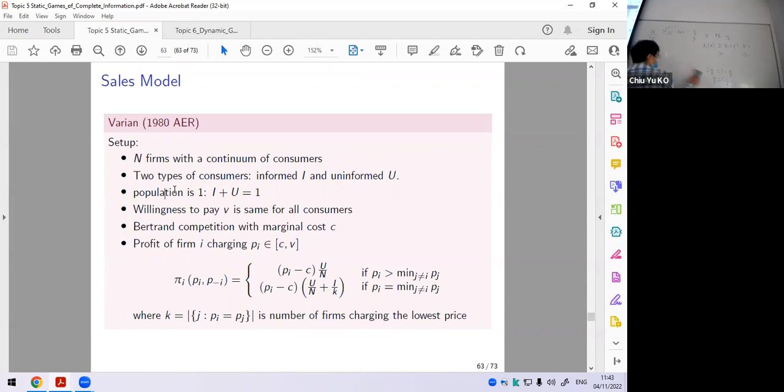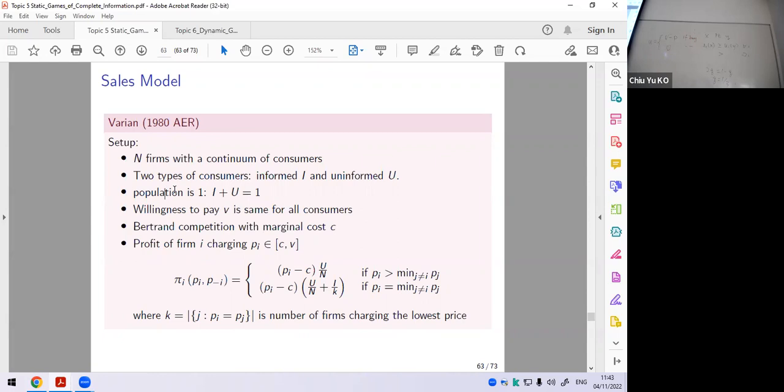The payoff of the consumer is U equals V minus P if they buy, and 0 otherwise. Everyone only has unit demand, so it's very simple.